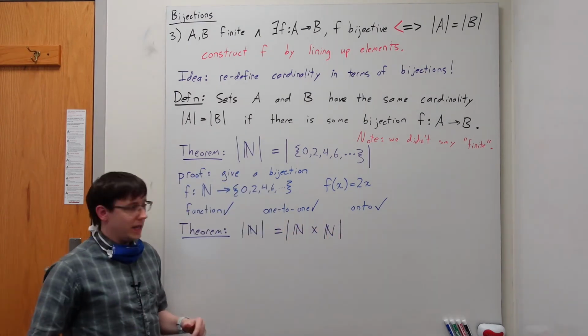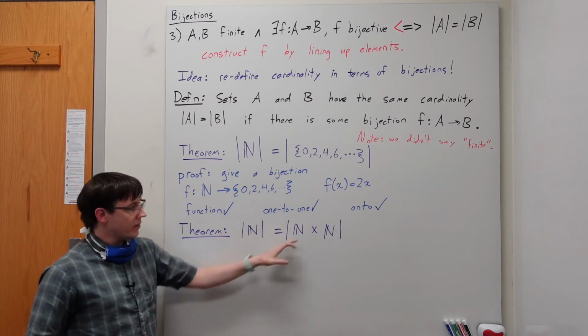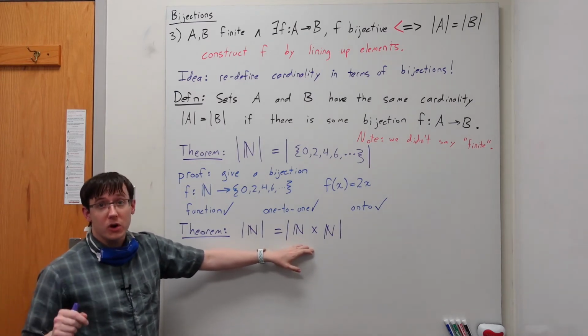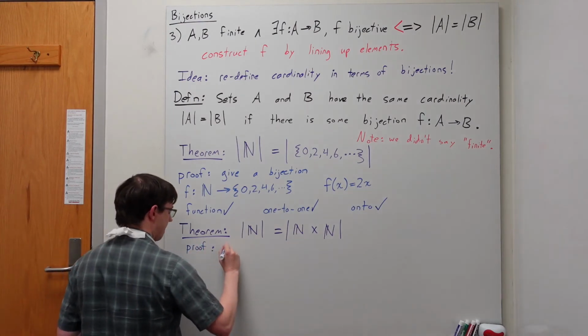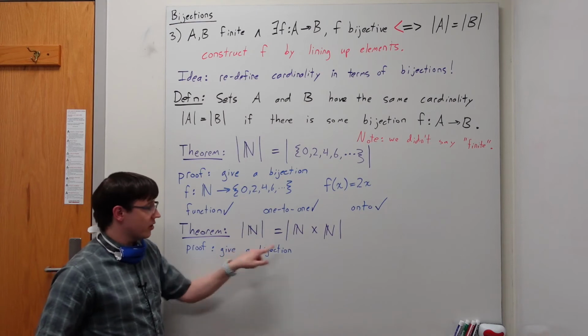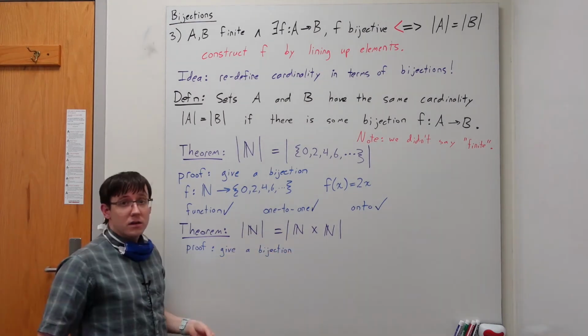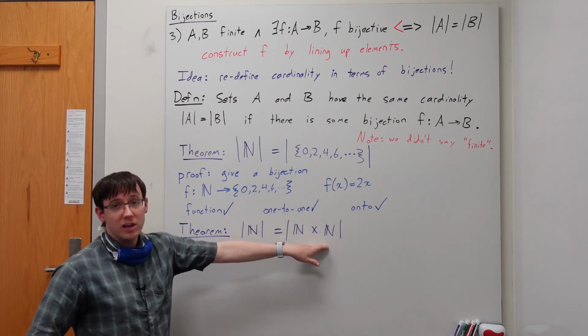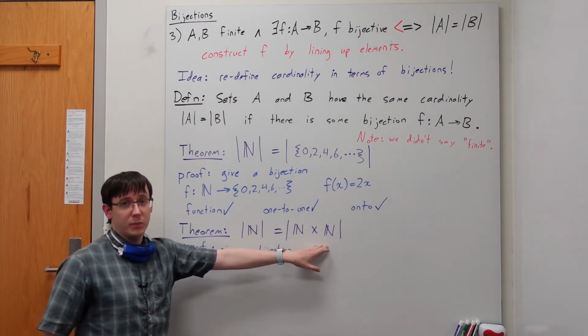So here we are claiming that the natural numbers and the set of pairs of natural numbers have the same cardinality. And again, we prove it by giving a bijection between these two sets. So let's start by thinking about how we can enumerate all the possible pairs of natural numbers.